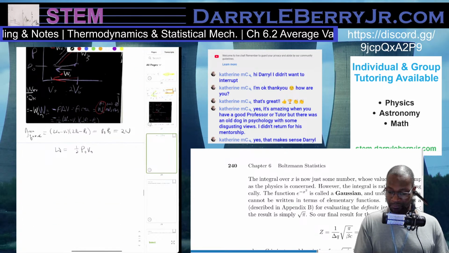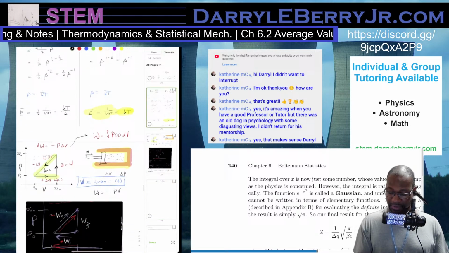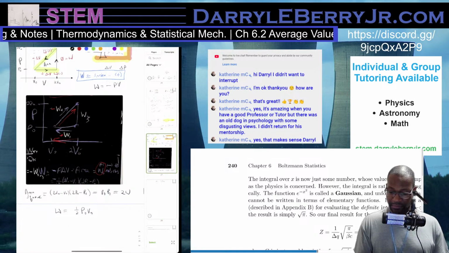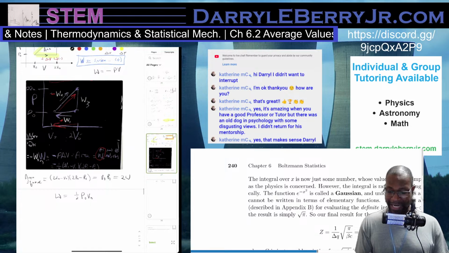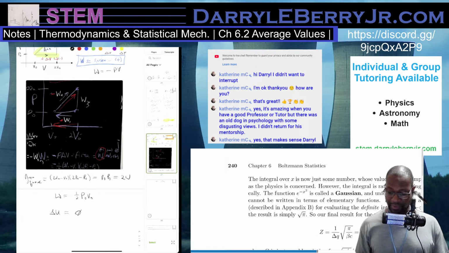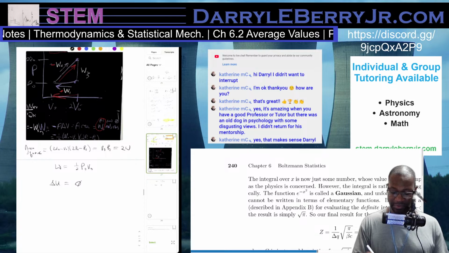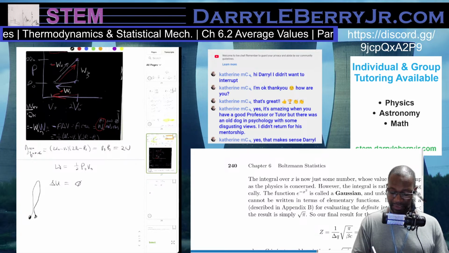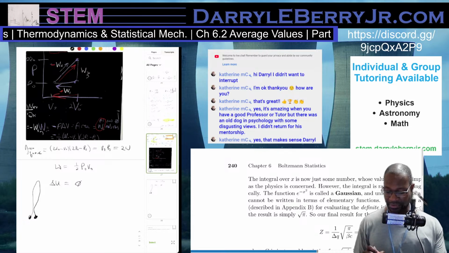Okay, so we have that. And the change in energy of the system, if you go back to the same spot, is 0. As I went back to the exact same spot, similar to taking an object and moving it up and moving it down, it is back to the same potential energy.